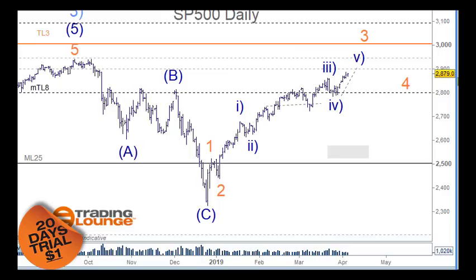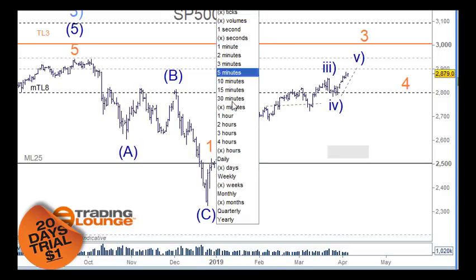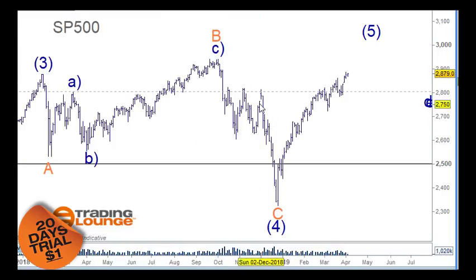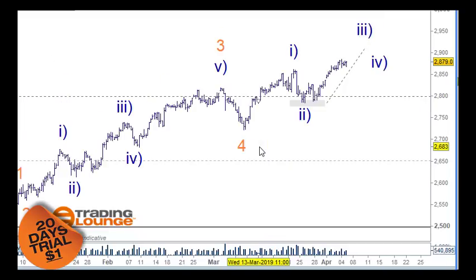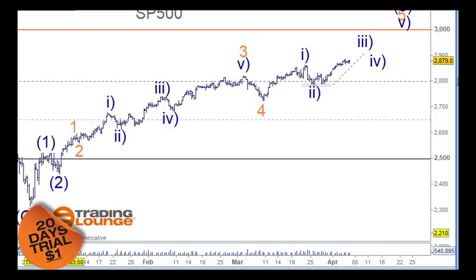The other count that I have for this is not that one, it's this one here, where it's a bit better really. We'll look at this as 1 and 2 here, and then 1 and 2 and 1 and 2 and 3 and 4 and then 5, and then the fourth wave here, and then 1 and 2 here, and then going up for a third wave here.